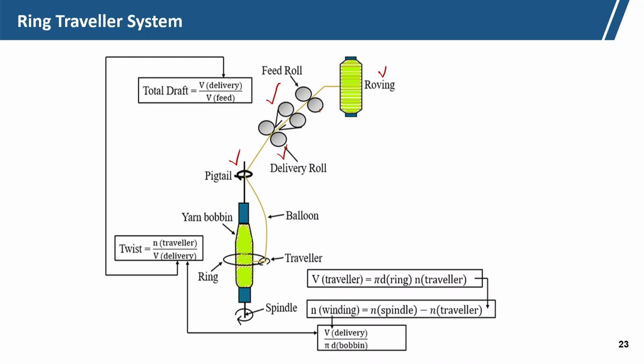Total draft is delivery speed divided by feed roller speed, that we can get here, and twist at this package is traveler RPM by delivery speed, and velocity of traveler is pi d into traveler RPM. So, winding speed is spindle speed by delivery speed. So, these are the basic relationships.